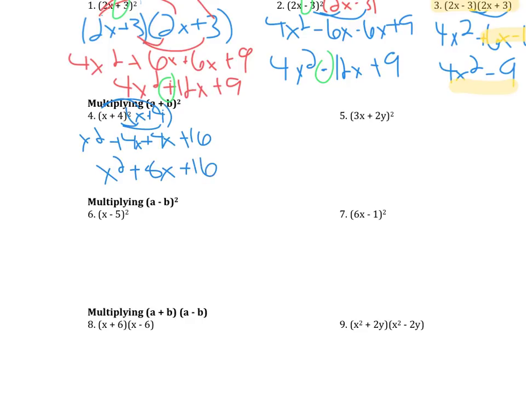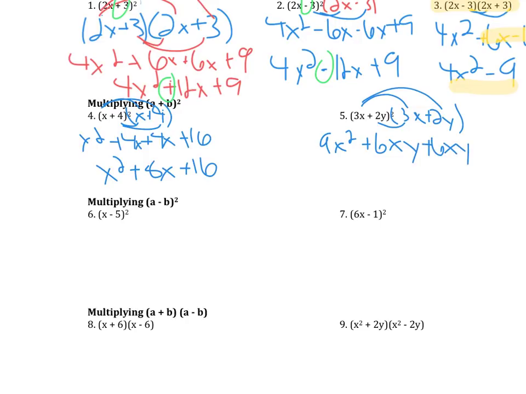Up here, just because we have two variables doesn't change anything. That is 3x plus 2y times 3x plus 2y. Distribute: 3x times 3x is 9x squared. 3x times 2y, 3 times 2 is 6, and then x and y aren't the same, so we don't add those exponents, so we just get 6xy. 2y times 3x is a 6xy.